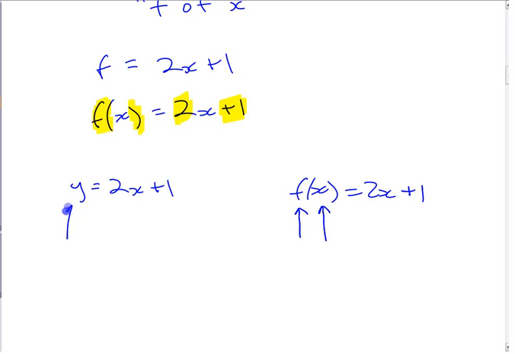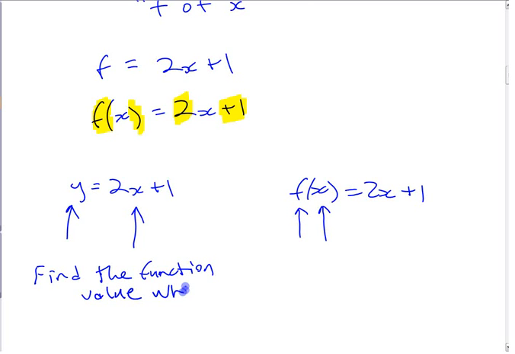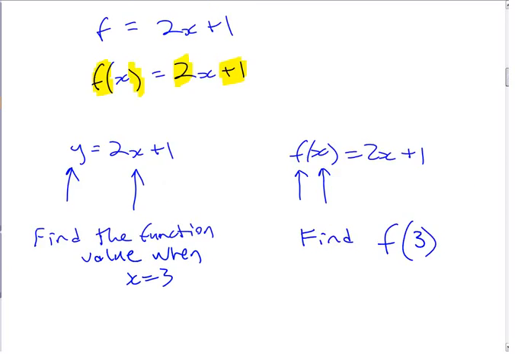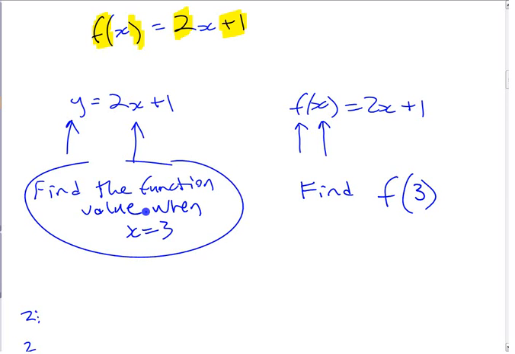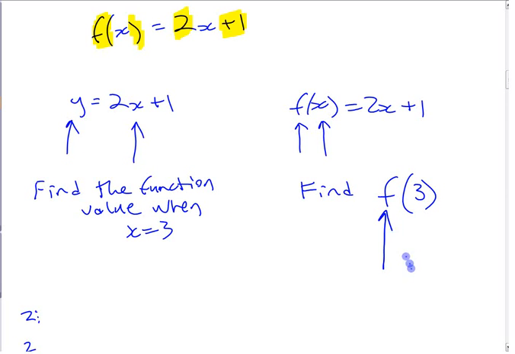If somebody wanted the y value or the function value when x was a certain thing, you'd have to say something like, find the function value when x equals 3. You can use this as kind of a shorthand. You can just say find f of 3. What that means is find the value of the function when x is 3. 3 is inside there. Question?